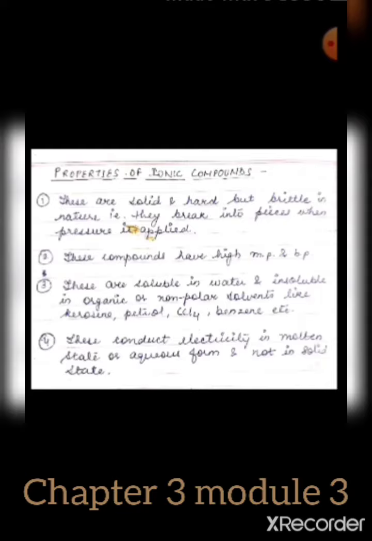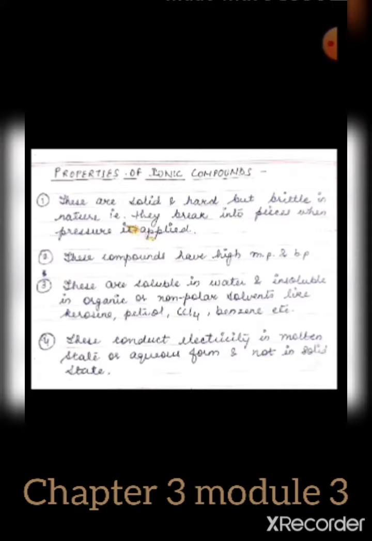Then the third property is that these are soluble in water and insoluble in organic or non-polar solvents like kerosene, petrol, CCl4, which is carbon tetrachloride, and benzene, etc. As you know, like dissolves like, this is one of the rules. When ionic compounds are there, they have polarity charges, cation and anion, plus and minus.